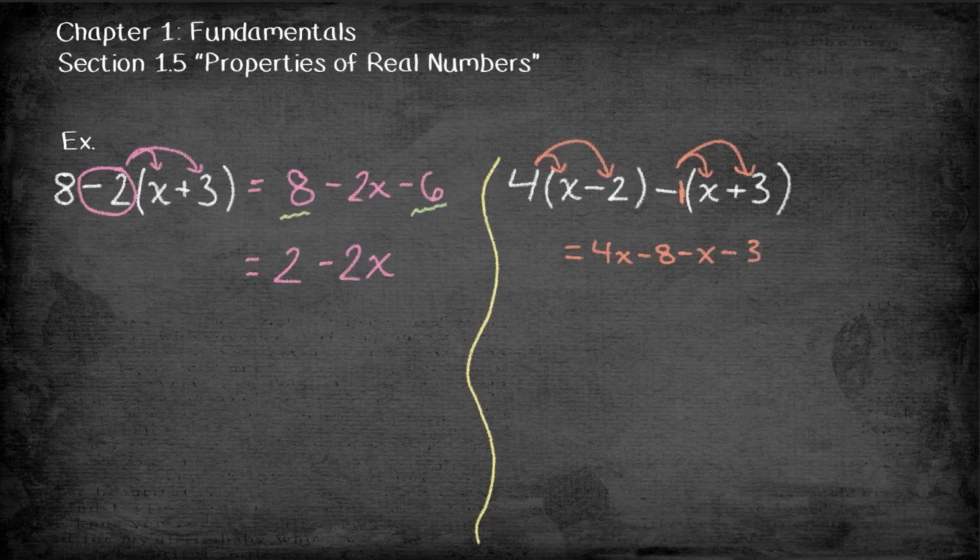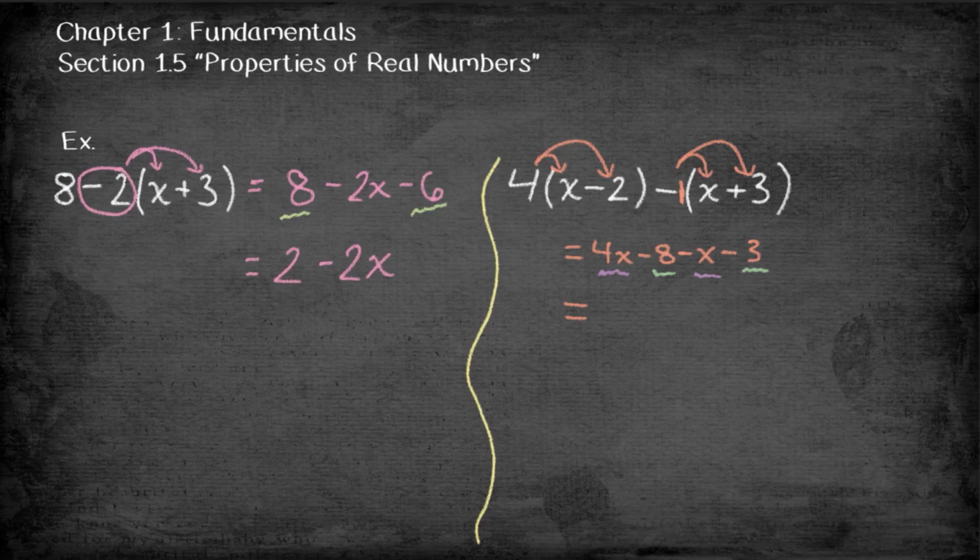And then we want to look at our like terms. So the constants are like terms, and we also have the x's being like terms. So to combine like terms, I'm essentially adding or subtracting the coefficients.